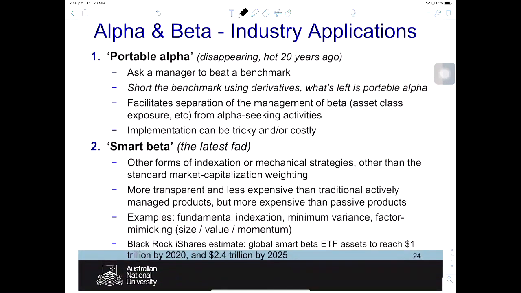In the industry, 20, 30 years ago, the portable alpha investment strategy was quite popular. Usually in this context, the portfolio manager is given a passive index as benchmark to beat, for instance, S&P 500. And the portfolio manager will employ this method of shorting the futures, the derivatives usually, of that underlying benchmark.